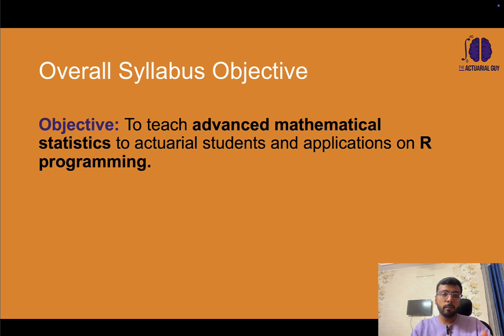It exhaustively covers mathematical statistics, starting from the very basics of what a random variable is, going all the way up to Bayesian credibility theory. So it's pretty vast in scope, despite being one of the smallest exams out of the CS and CM exams that we have.